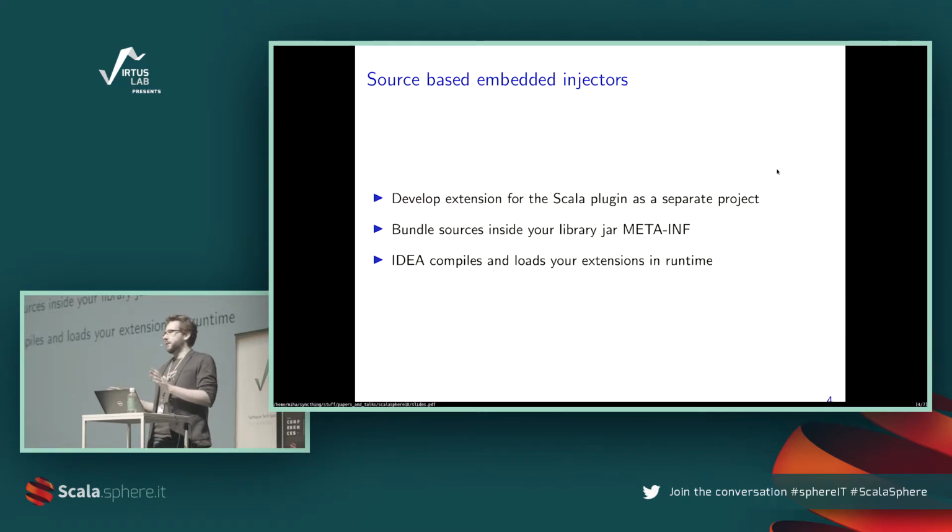Extension points are basically interfaces that you have to implement and declare in a certain XML file, so that IntelliJ sees them and is able to load them and attach to the running process. So in this example, you would create those extension points and bundle the implementation classes inside your library jar.